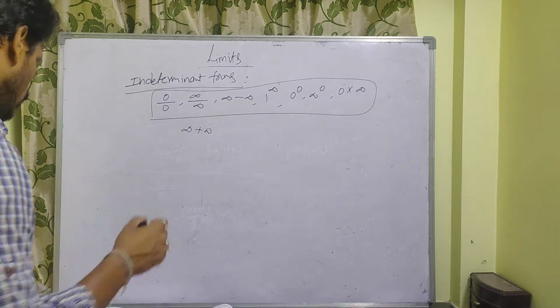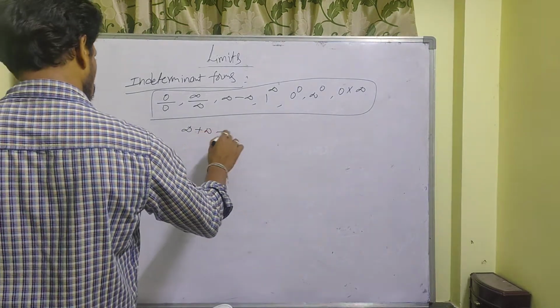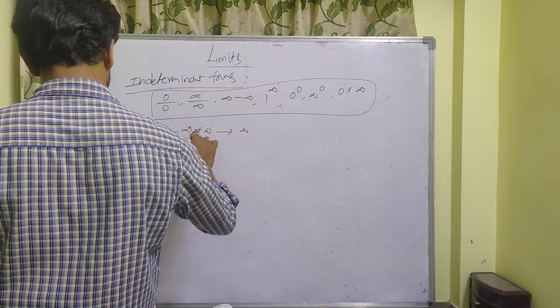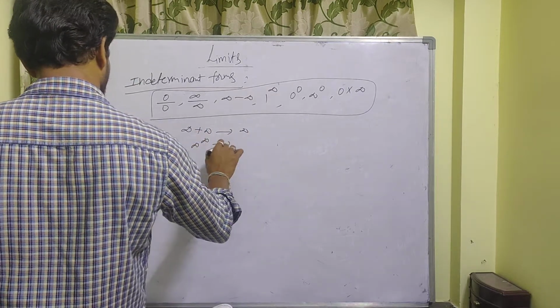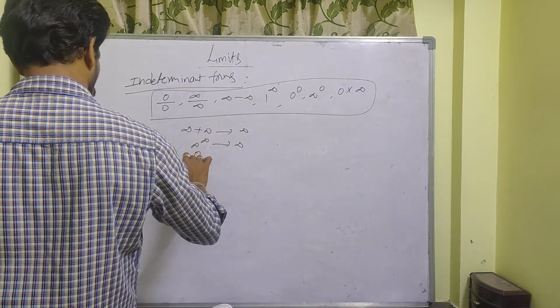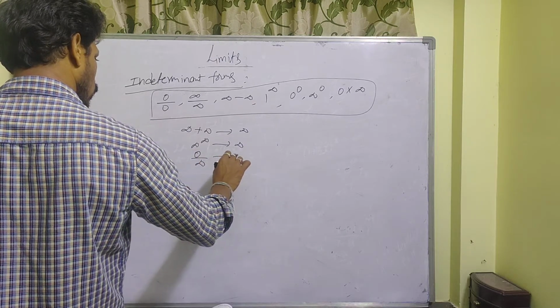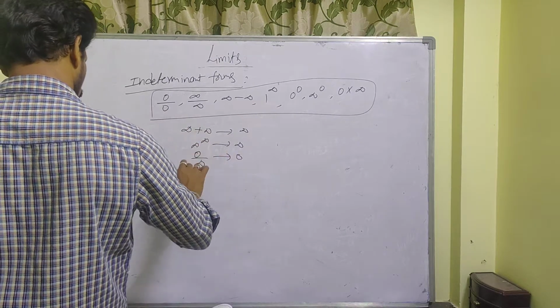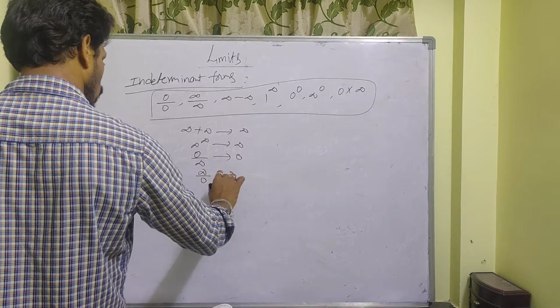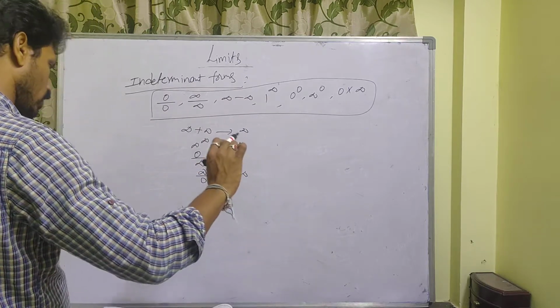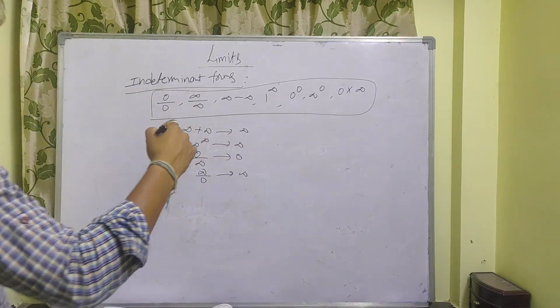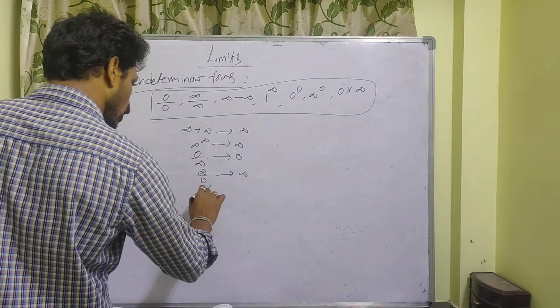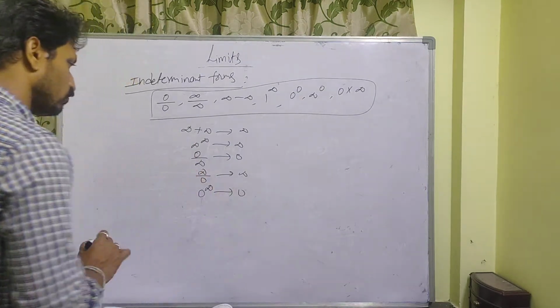Clear? See, for suppose infinite plus infinite, you can write infinite. Infinite power infinite, you can write infinite. 0 by infinite, whenever you observe, that is 0 only. Infinite power 0, that is nothing but tends to infinite only. Like that, whenever you observe 0 power infinite, you take 0 only.